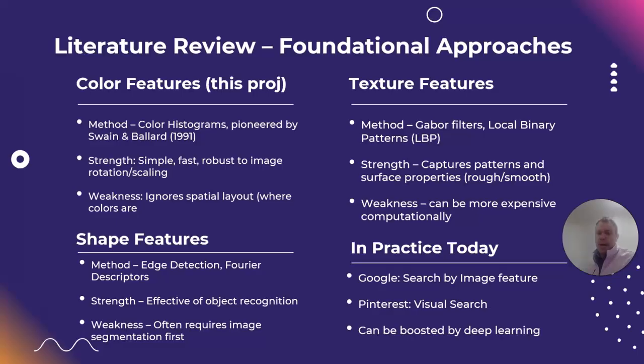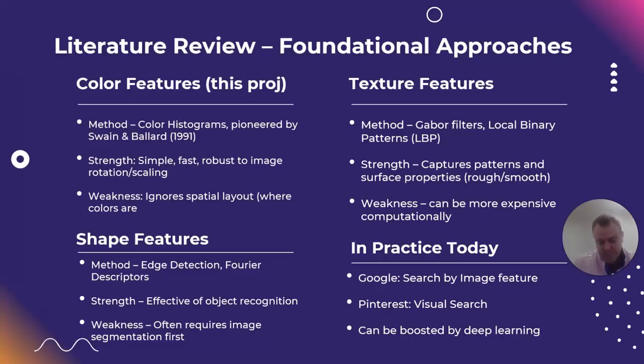In practice today, there's Google's search by image feature. This is really popular, so you can just drag a picture into the search bar rather than actually using words, and this can get you an exact replica, and you can see where an image is across the internet, and that's an incredibly practical application.